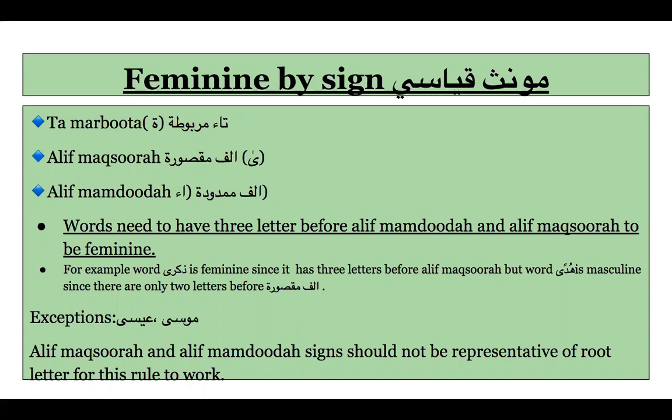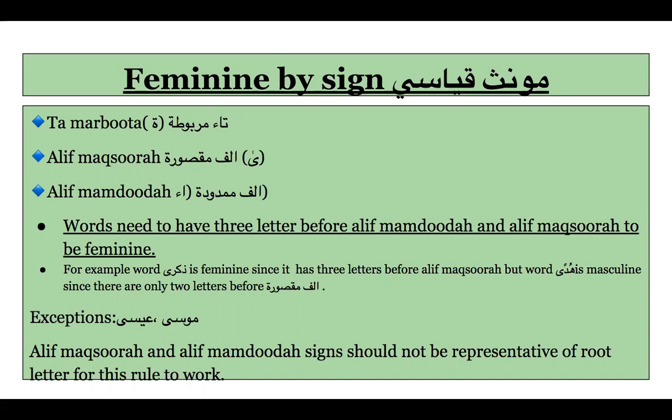So alif maqsura and alif mamduda. I will answer your question in a second. For these signs to work, they have to come after your 3 root letters. Every word in Arabic is composed of root letters. Most words of the Arabic language are comprised of 3 root letters.